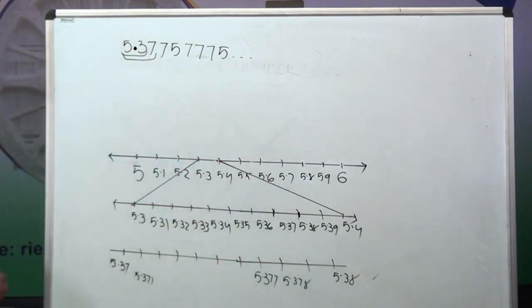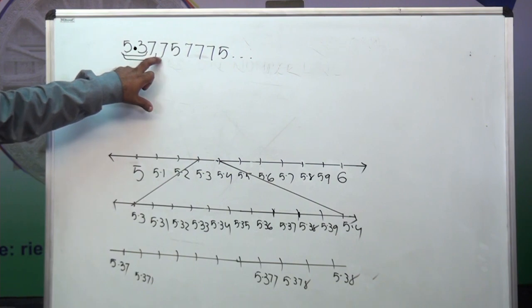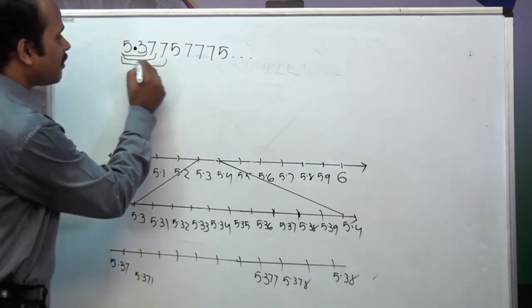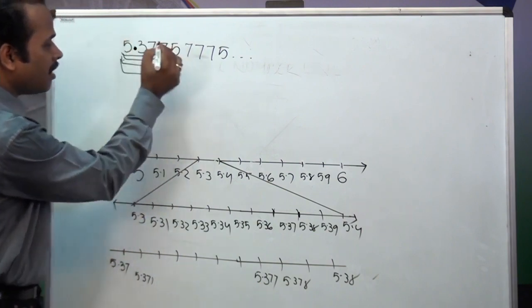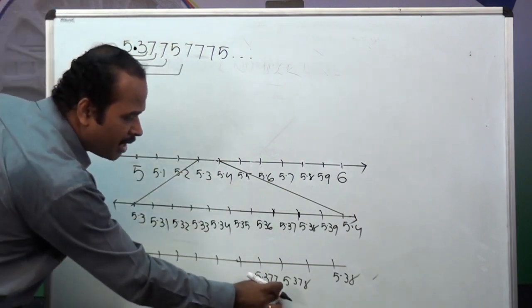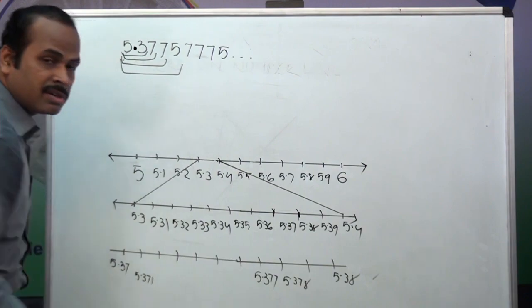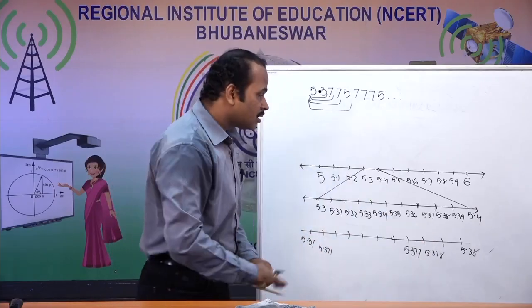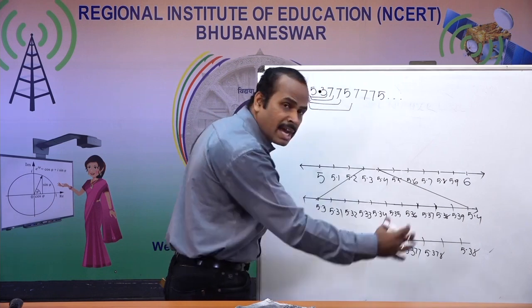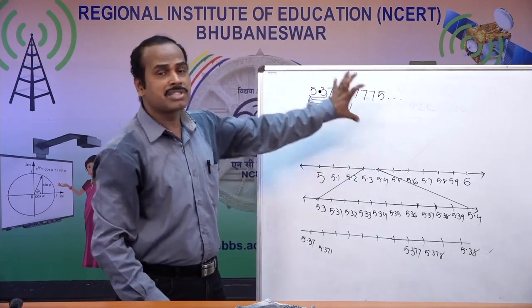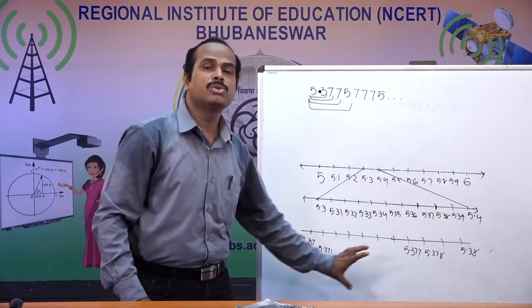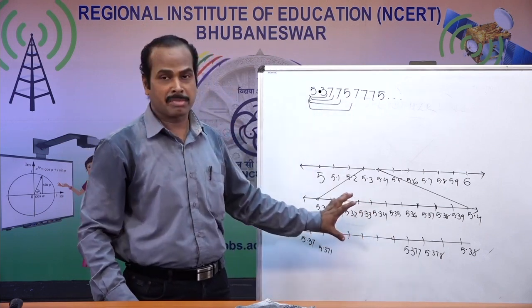Now you can see our number 5.3775 lies within 5.377 and 5.378. So if I go on increasing this line again into 10 parts, I will find how many decimal places I have to extend.